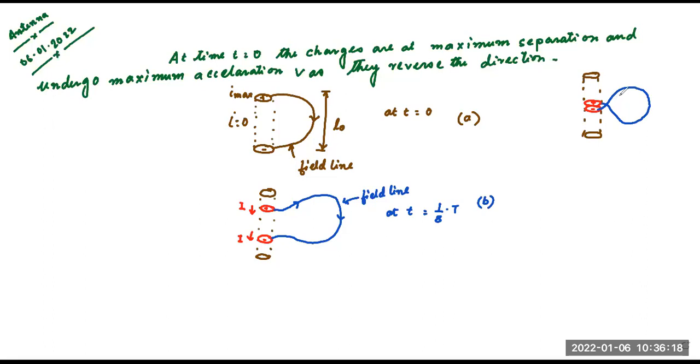So this is going outside and this is coming inside. So this is at t equals 1/4 T. This is figure C. I equals maximum at this time.